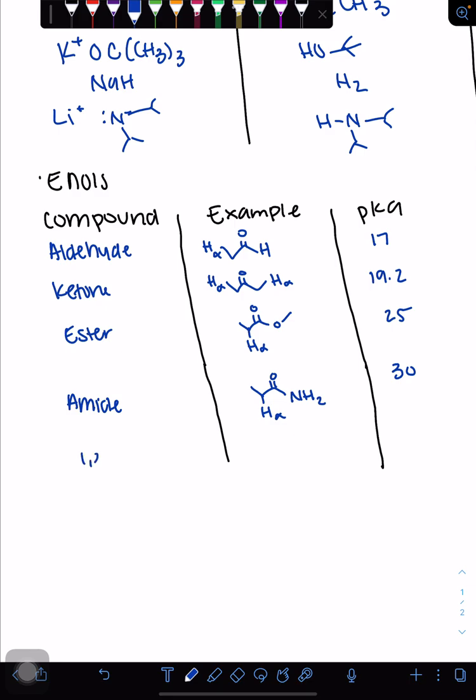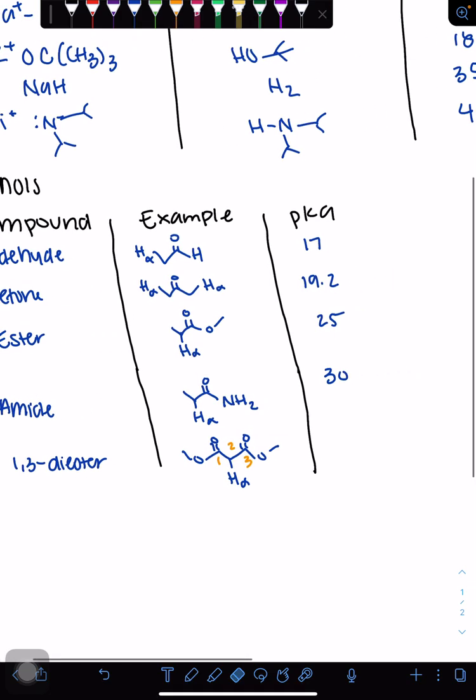Let's say we had a 1,3 diester compound. An example would be this. Add our oxygens, and then this hydrogen is the alpha. And we can see it's 3 because it's 1, 2, 3, so 1,3 diester. This pKa is about 13.3.